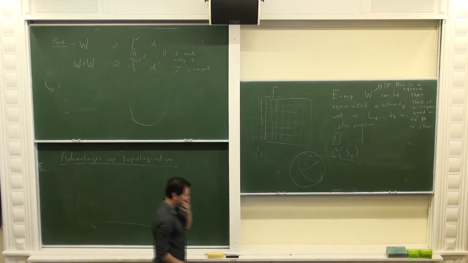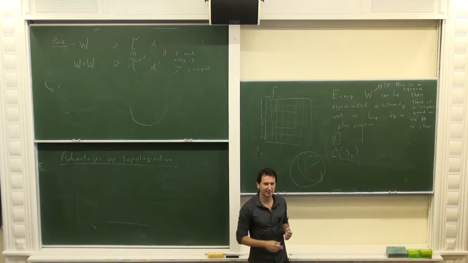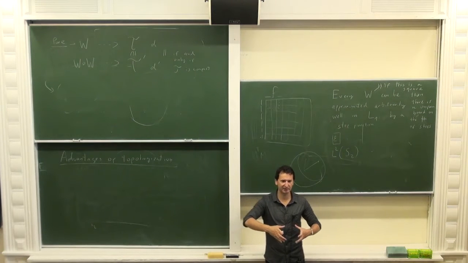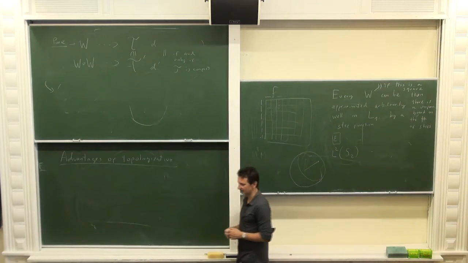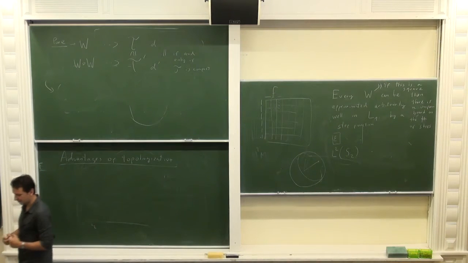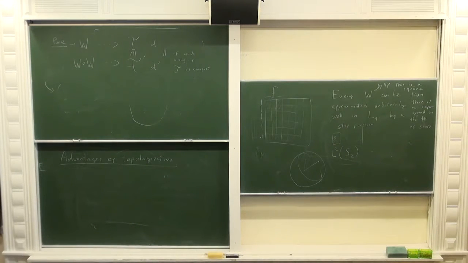One sentence about this topologization: if you are familiar with ergodic theory, in ergodic theory people study measurable dynamics, but it's a very important tool that you can put a topology on these dynamical systems, and you get topological dynamics.